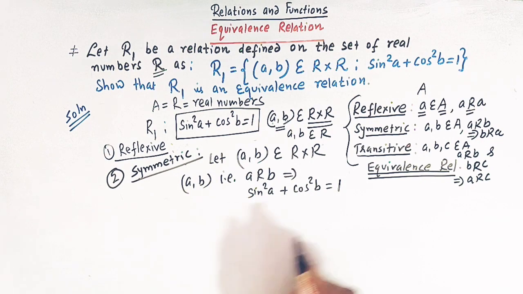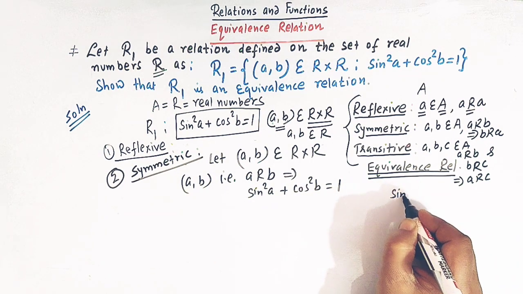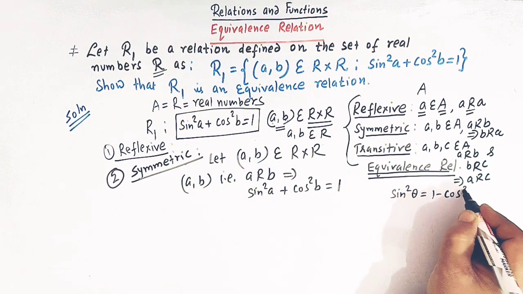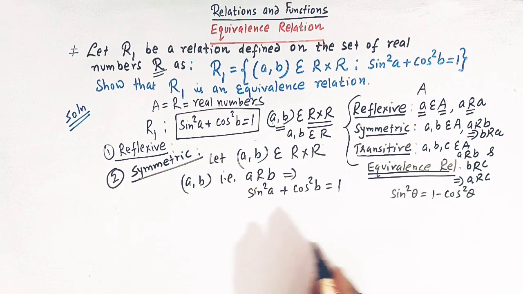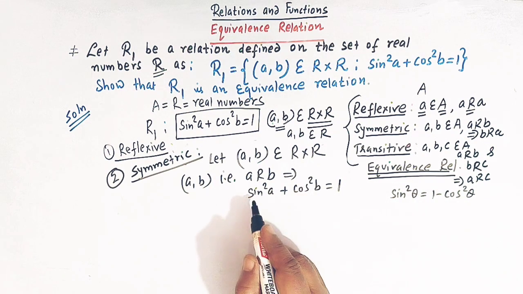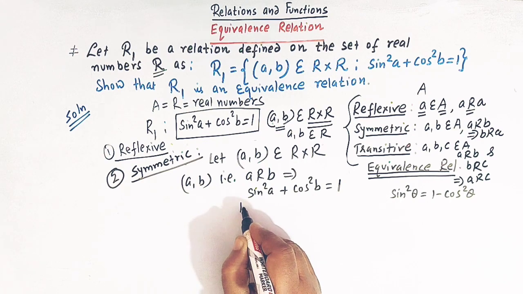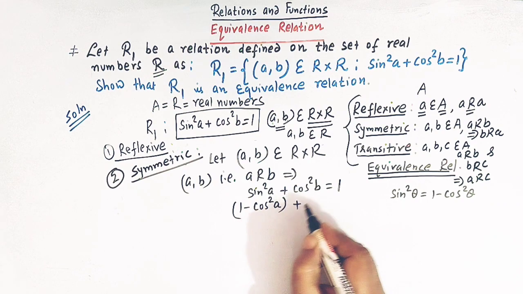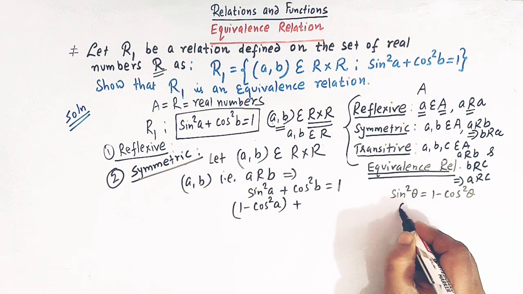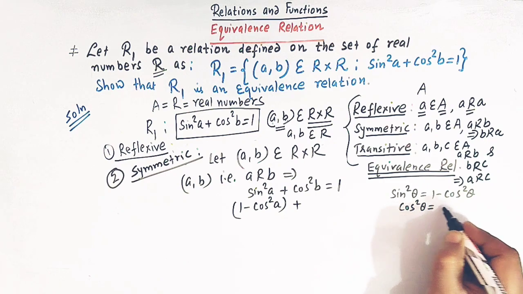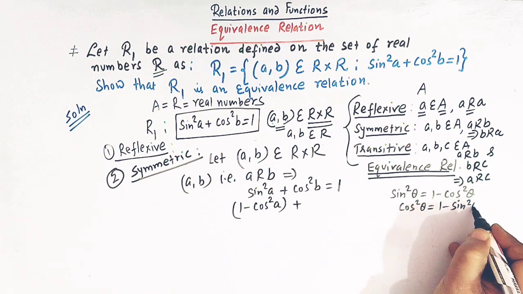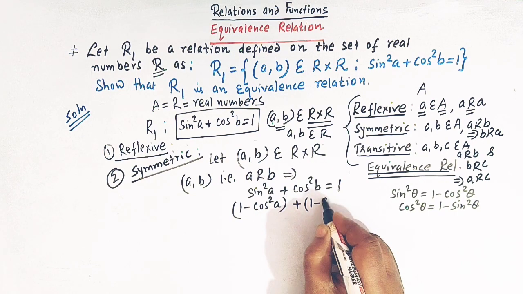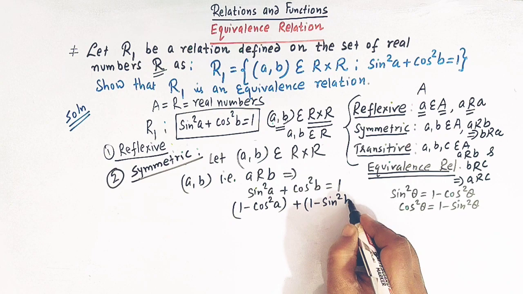And from trigonometry, we know that sin squared theta is equal to 1 minus cos squared theta, right? So let us replace sin squared a by 1 minus cos squared a, and here we have cos squared b. We know that cos squared theta is 1 minus sin squared theta, so let us replace cos squared b by 1 minus sin squared b, right?